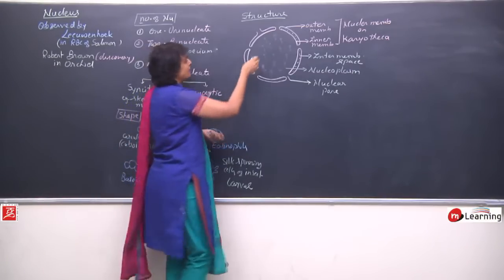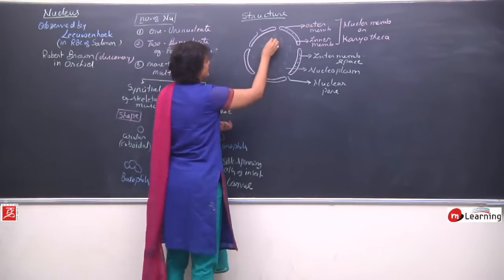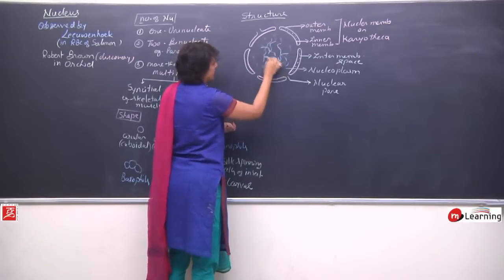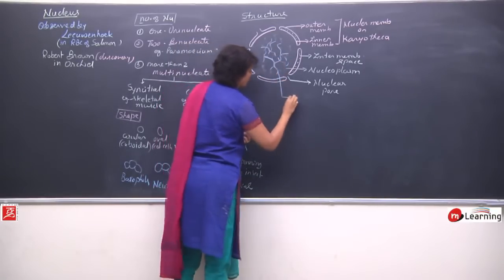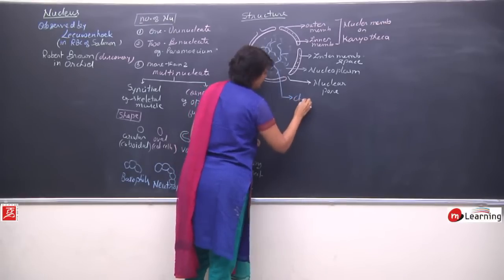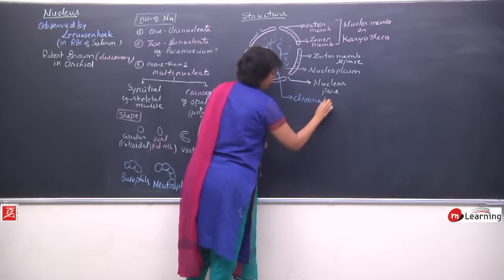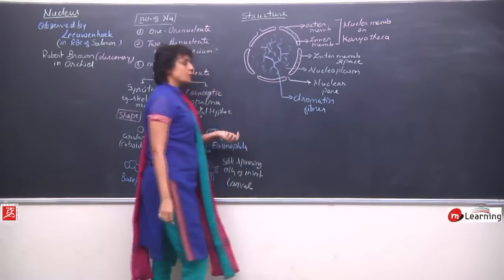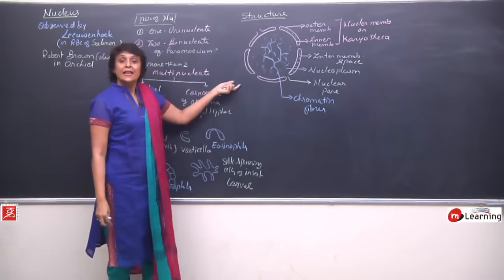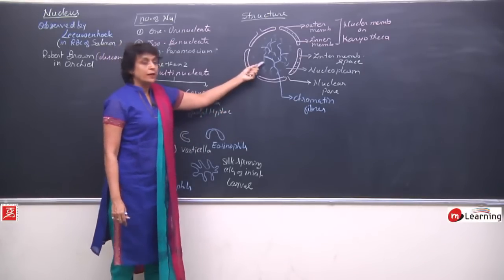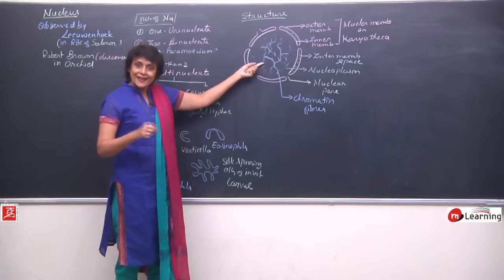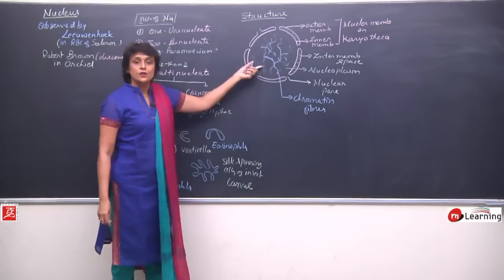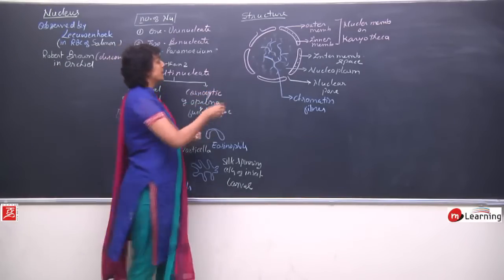In here are found many thread-like structures, known as chromatin fibers. The nucleus which we are drawing is an interphase nucleus where these fibers are thread-like. Once the cell starts to divide, then this would condense into a chromosome-like structure.